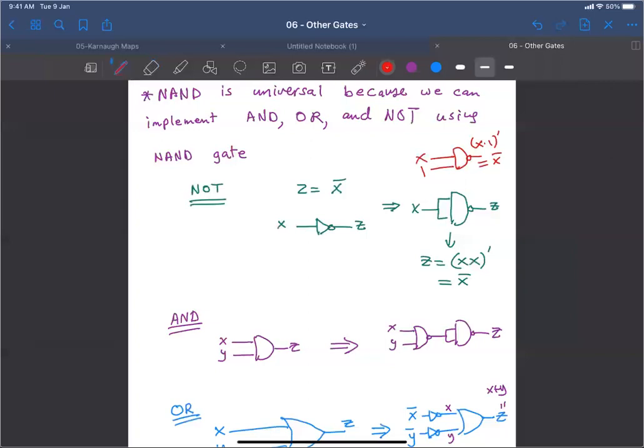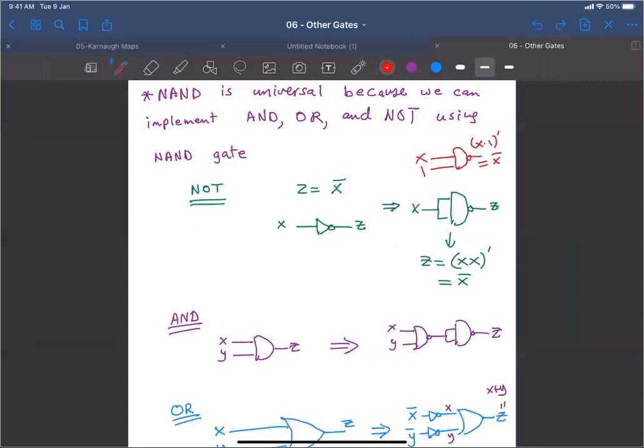AND can be implemented using NAND followed by an inverter, because an AND is nothing but a NAND followed by an inverter. So all we have to do is cancel that inverter, and we know how to implement an inverter using a NAND gate. This is the way. So this is how we implement an AND gate.